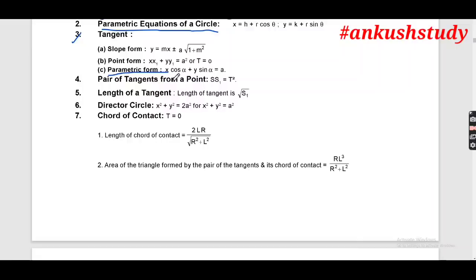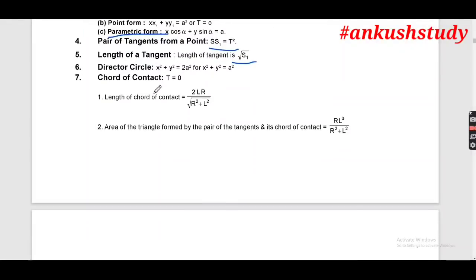x cos α + y sin α = a, or you can say a. Okay, and this is the pair of tangents from a point. SS1 = T², and the length of a tangent is √S1.